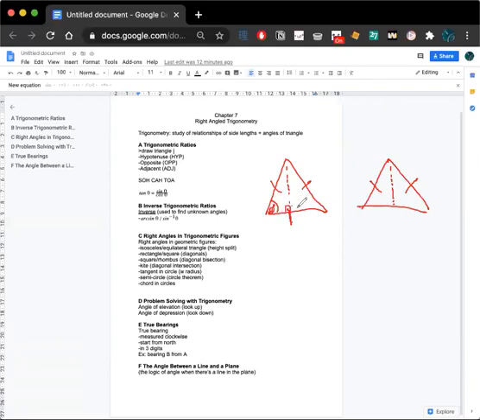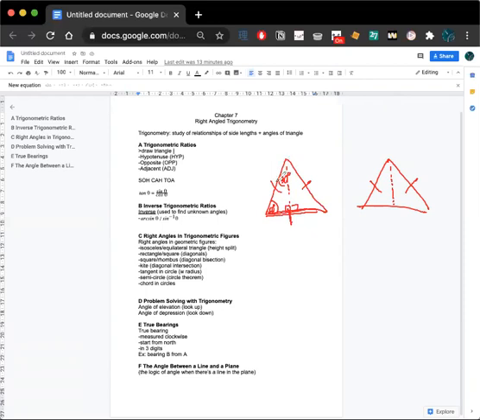And to make it more convenient for you to find, for example, the length of this, you can easily look for it by dividing the triangle into two. So you know the angle is 60, and then this is 30.